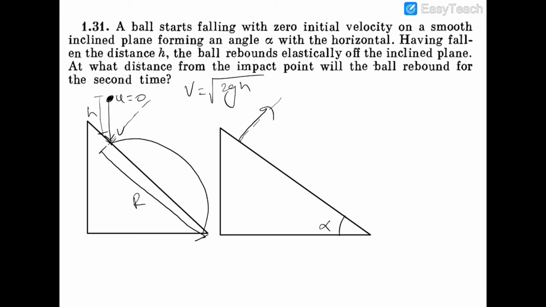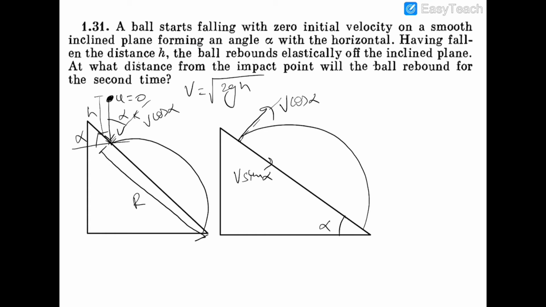Initially we know that this angle is alpha and this angle is alpha. So this component is V cos alpha, and the component parallel to the inclined plane is V sin alpha. V sin alpha will remain as it is, and this is V cos alpha, and it would go like that.